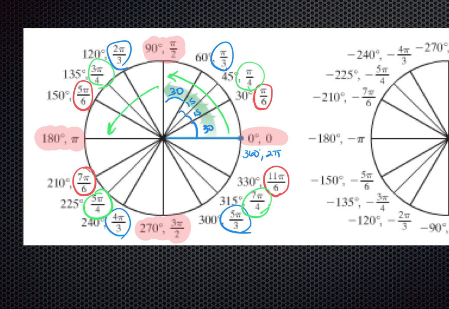In the second quadrant, it's 1 less than the denominator. In the third quadrant, it's 1 more than the denominator. In the fourth quadrant, it is 1 less than double, or 5, 7, 11 if you memorize that.